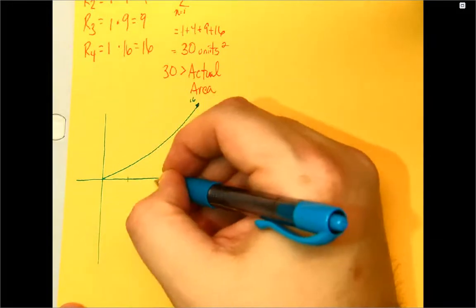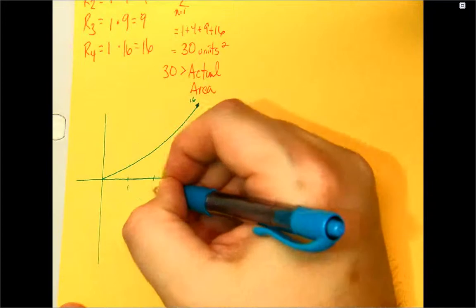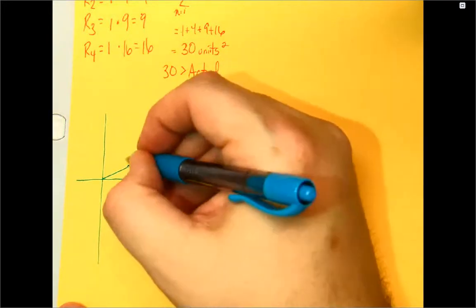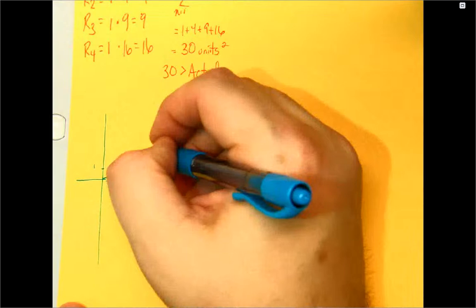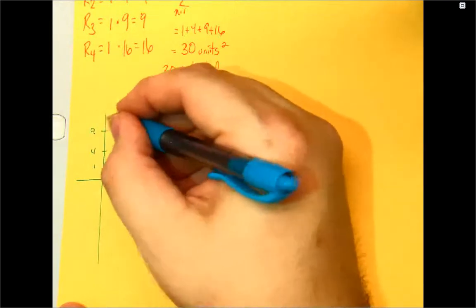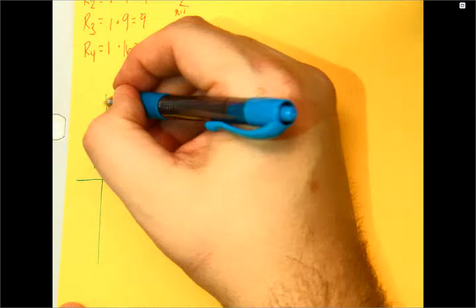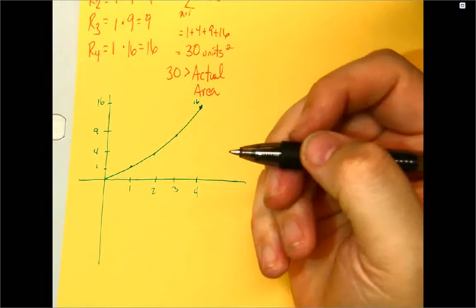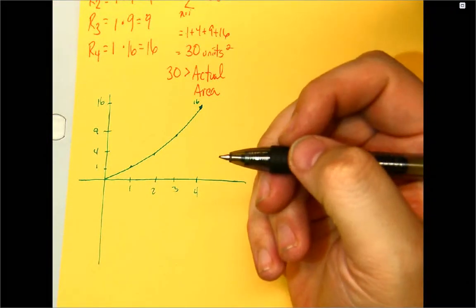And the points here, that's a 1. I know that's 4. That's 9. And up here is 16. Now, if we do left endpoint, we're still going from 0 to 4.